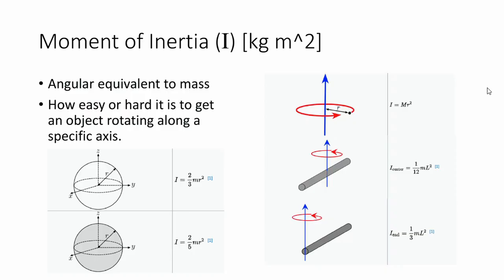So 1/3 is a bigger fraction than 1/12, and so this rod rotating about the edge is harder to rotate than a rod rotating about its center. So this gives you an idea for how hard it will be to make something start rotating, based on its shape, the distribution of the mass, and what axis you're trying to rotate it about.